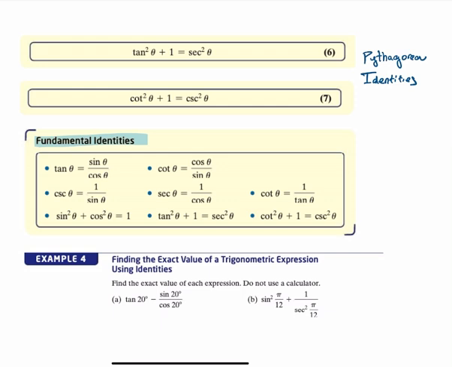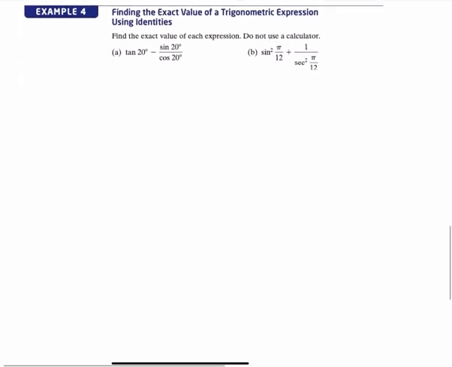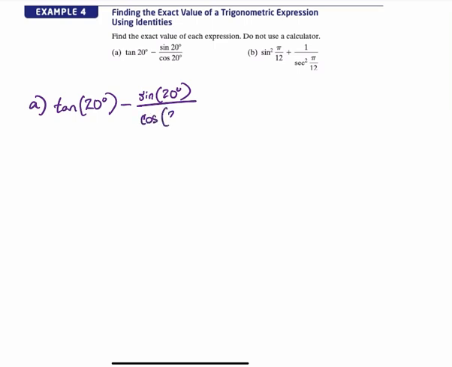So let's use this in a few practice examples. Let's look at A. A says the tangent of 20 degrees minus the sine of 20 degrees over the cosine of 20 degrees. Now notice here it says find the exact value.